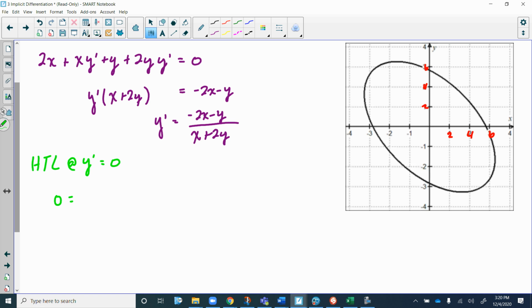I'm going to say 0 is equal to negative 2x minus y divided by x plus 2y. And there's not a ton that we can do here. If I try to solve it by multiplying, the 0 multiplied by the denominator is just going to give me 0 is equal to negative 2x minus y. So I could say that y is equal to negative 2x in this case.